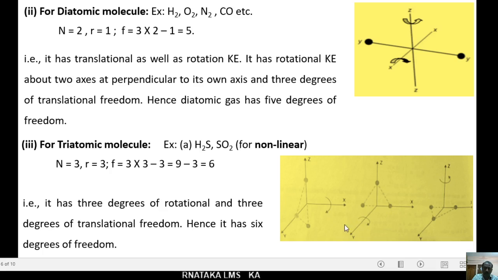And also it has 3 degrees of translational motion, along y-axis, along z-axis, along x-axis. Hence it has 6 degrees of freedom. Totally it has 3 degrees of rotational motion and 3 degrees of translational motion. Hence totally 3 plus 3 is equal to 6.